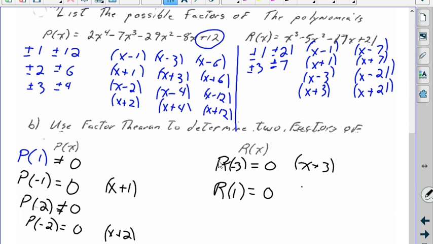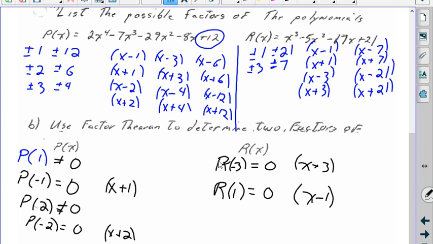So those are two of them, and r at 7 would be a third one. And yes, I can factor this by just using the factor theorem and this integral zero theorem. But don't count on that happening in assignments.